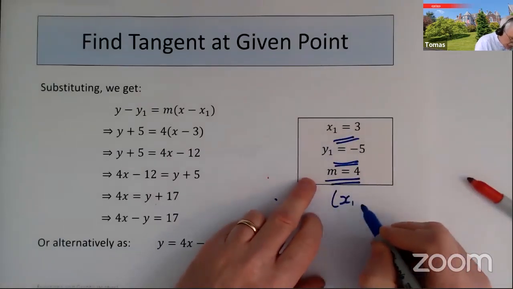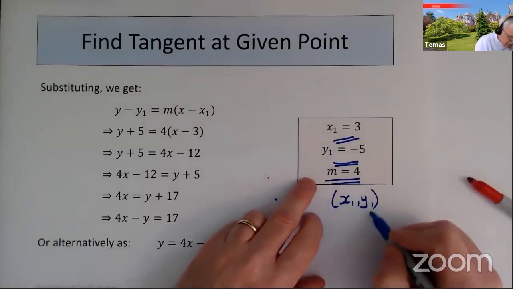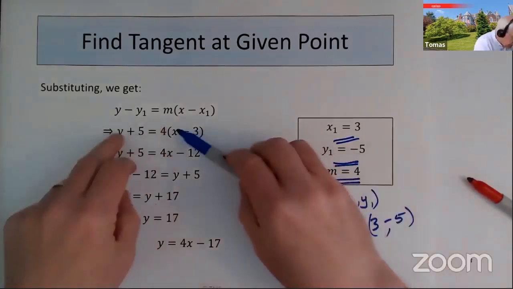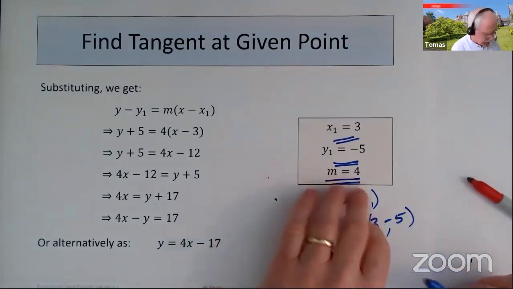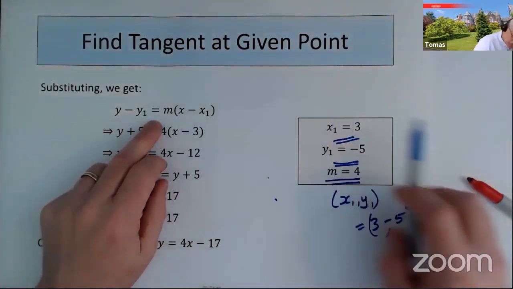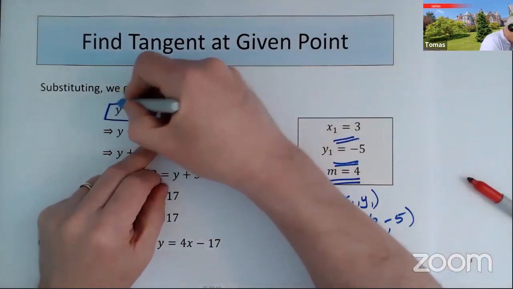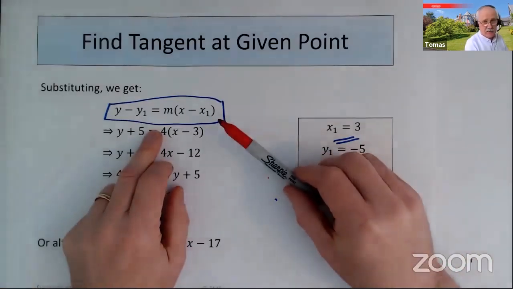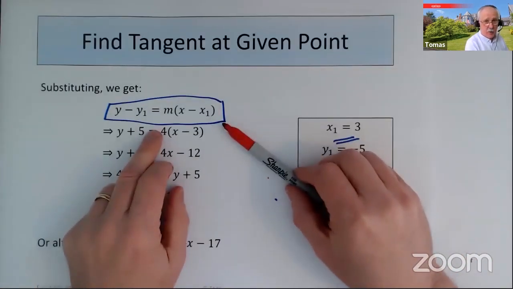Now I'm in the zone, I just transcribe it. I say y minus y1 is m into x minus x1. I get marks for taking that out of the tables and knowing it's the right one to use.